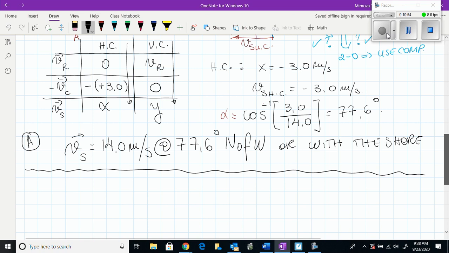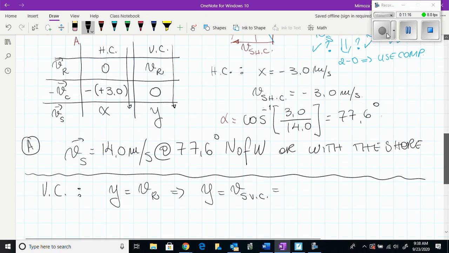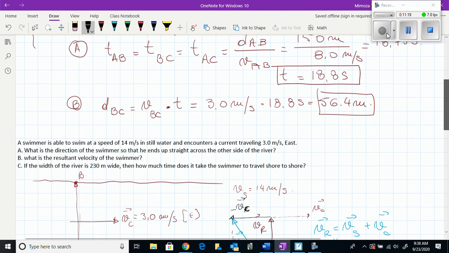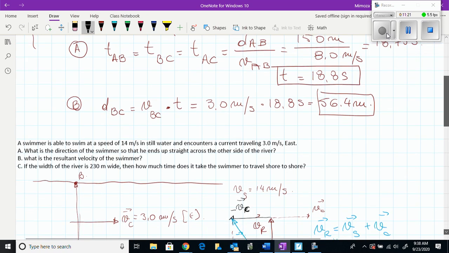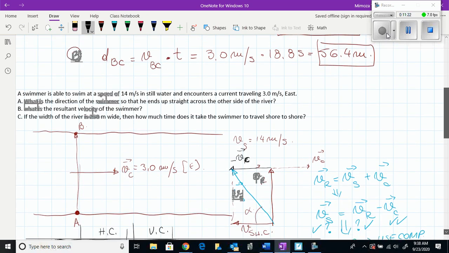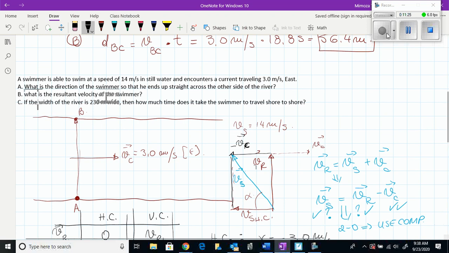And then when they are asking what is the resultant velocity, we can use the fact that the vertical component y is equal to the resultant. But y was actually the vertical component of the swimmer's velocity, which, if we refer to the vector diagram here, will be this vector here.